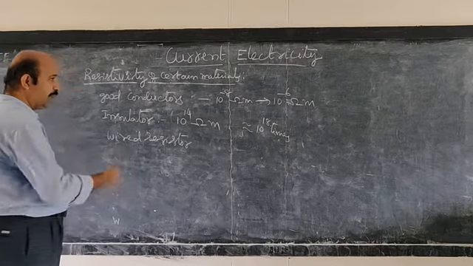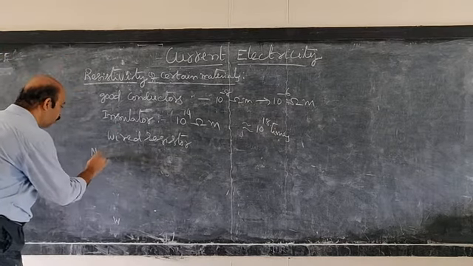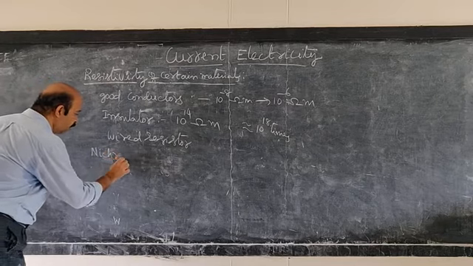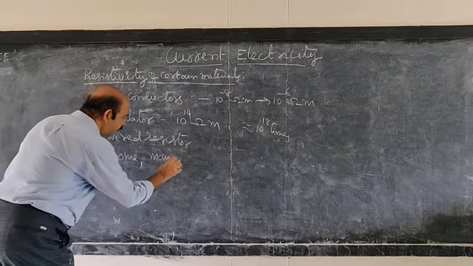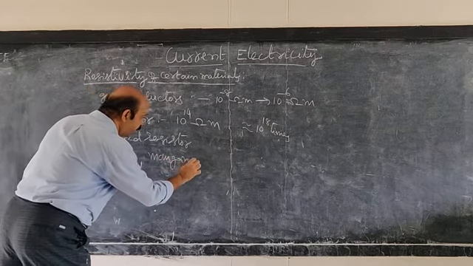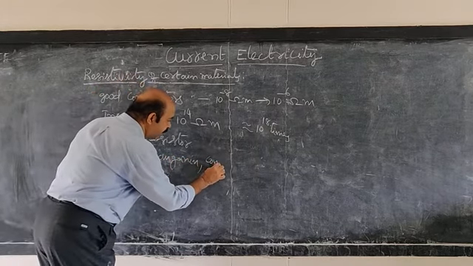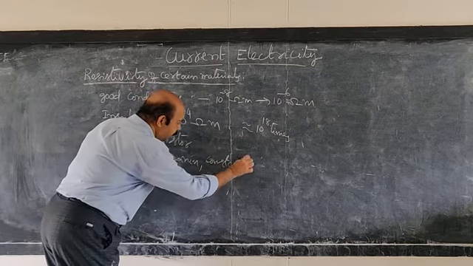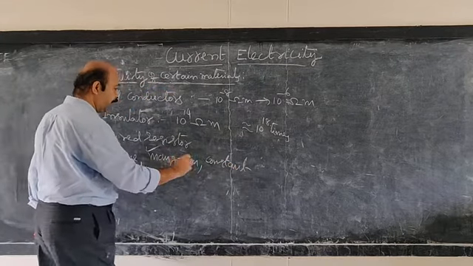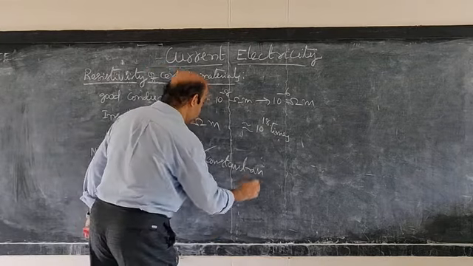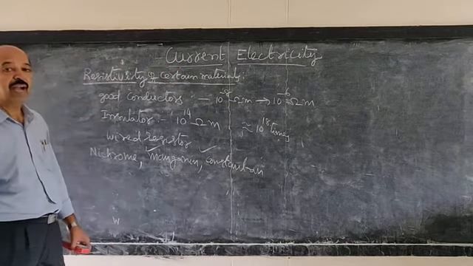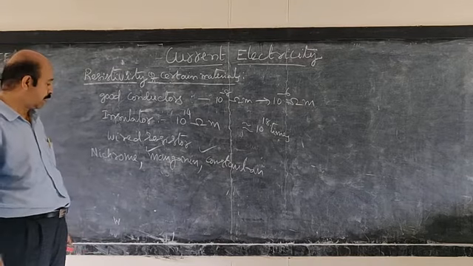So, wires such as nichrome alloy, manganin and constantan. Generally, manganin and constantan are used for making standard wired resistors.